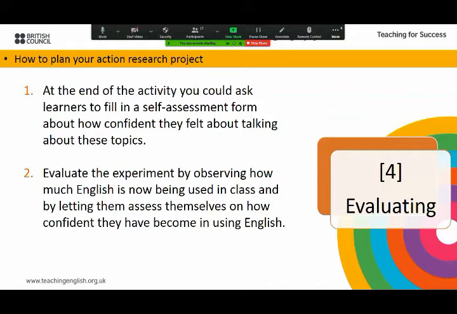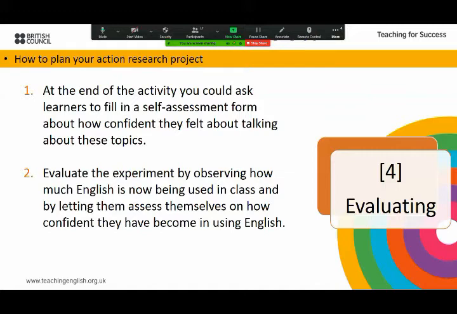So you wanted to assess how confident they felt, and evaluate the experiment by observing how much English is now being used in class, and by letting them assess themselves on how confident they have become in using English.